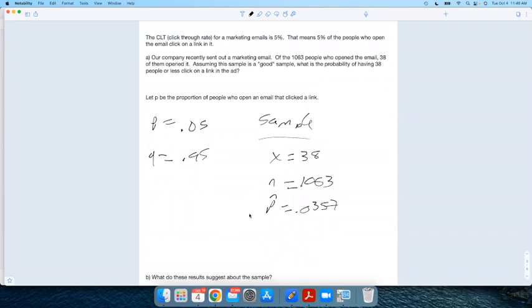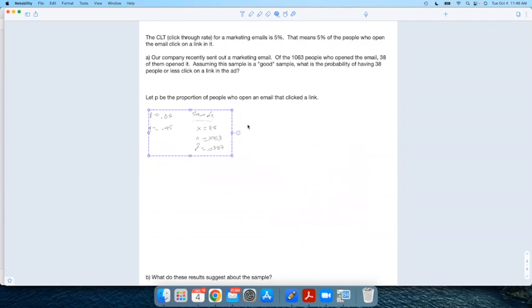I'm going to run out of space here. I got to make this smaller. I never give myself enough space on these problems, or I write too big. Okay, so my standard deviation, square root PQ over N. A lot of mistakes happen here. People want to use these numbers.